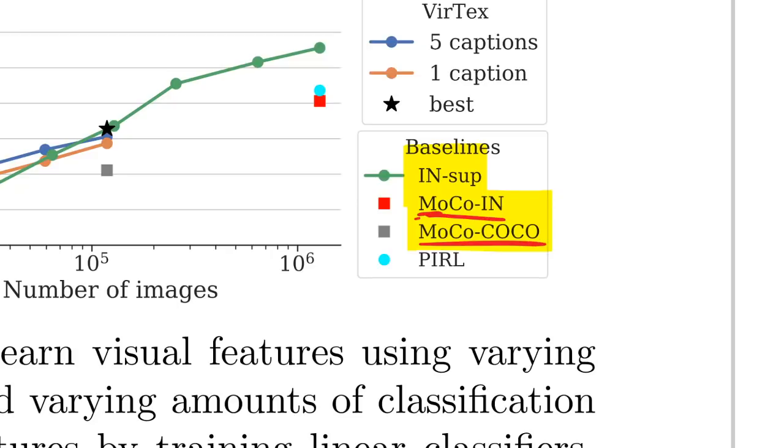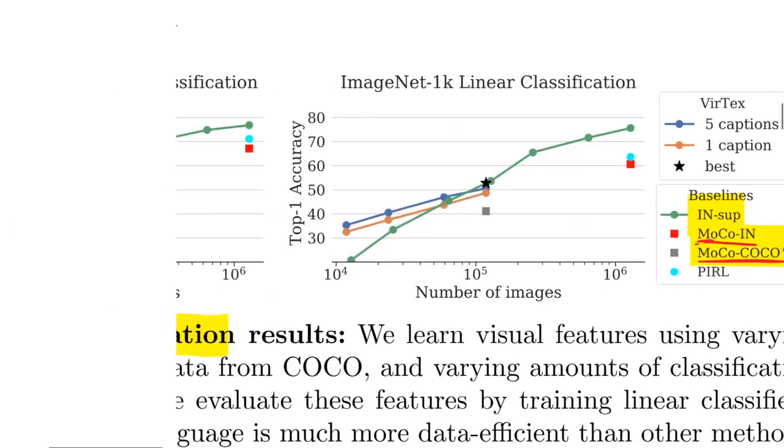And MoCo COCO is trained on the COCO dataset. And the COCO dataset is what this paper, the VirTex paper, uses. COCO is this image captioning dataset. Now, what's important to note is that COCO has only about 10% of the images of ImageNet. So it's considerably smaller. Now, let's see how these things fare.